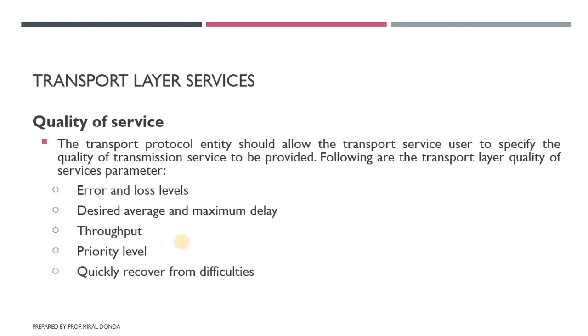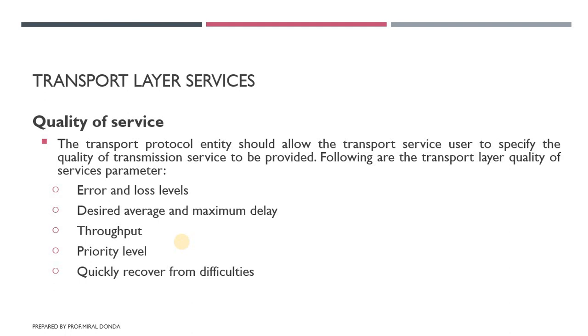Second is quality of service. The transport protocol entity should allow the transport service user to specify the quality of transmission service to be provided. The quality of service provided by the transport layer covers error and loss levels, desired average and maximum delay, throughput, priority, and quickly recovering from difficulties.